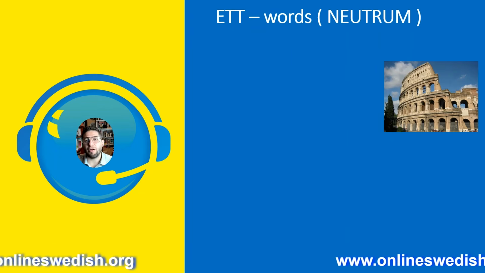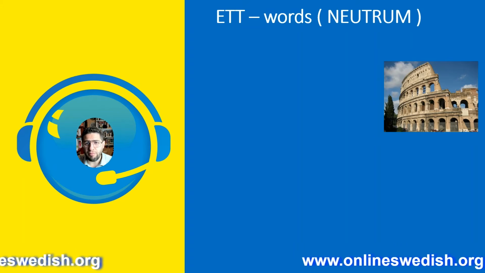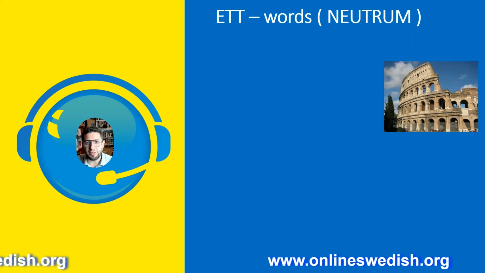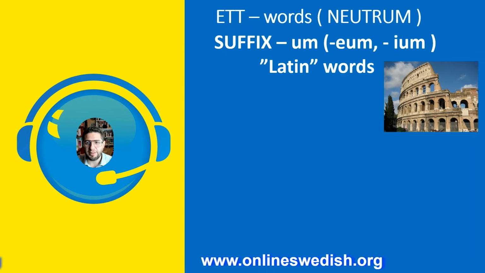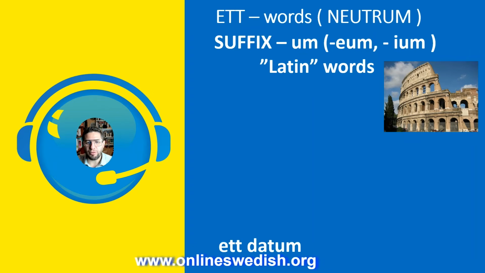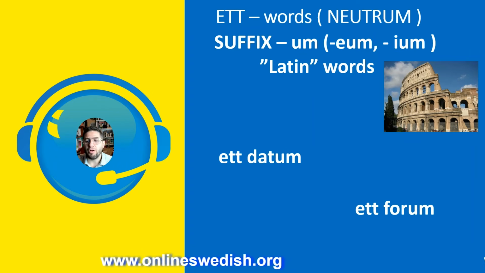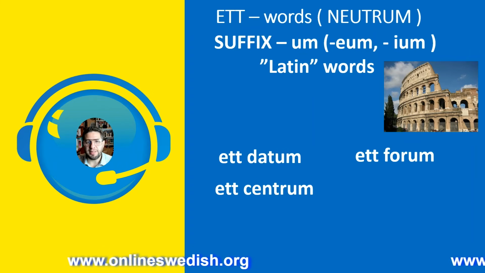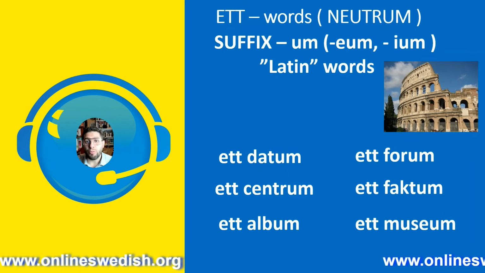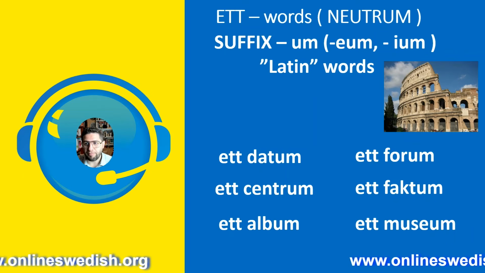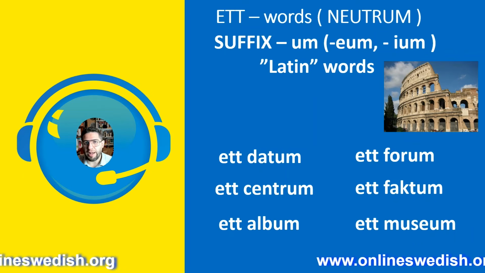So, ett-words, neutrum, they are also the words that derive from the Latin words with suffix eum, ium. For example, when you say ett datum or forum, centrum, factum, album, museum. So these are ett-words.